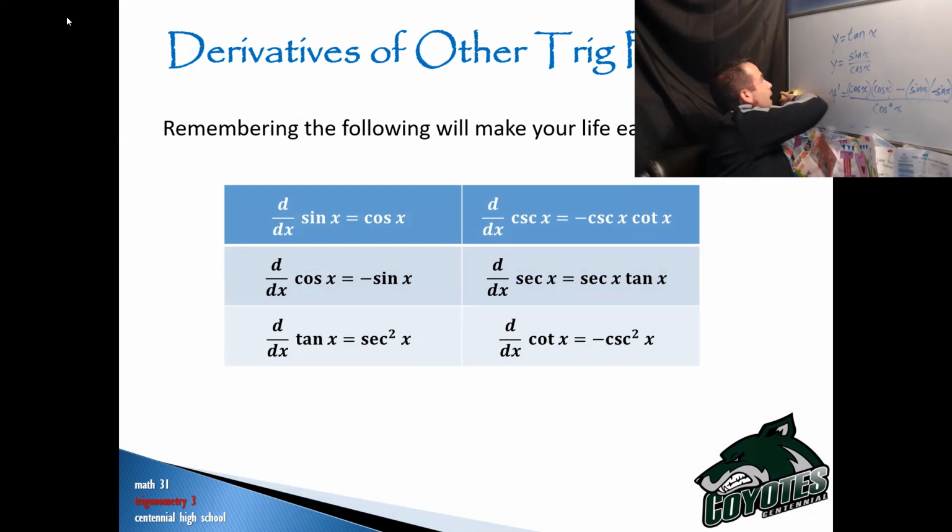Okay, now cos times cos would be cos squared. Negative sine times negative sine would be sine squared over cos squared. So now that gives me 1 over cos squared, and 1 over cos squared is secant squared, which is what is on your slide right now.